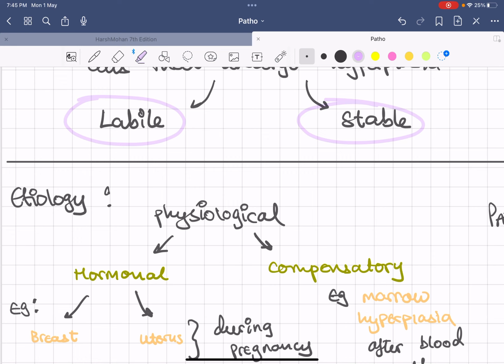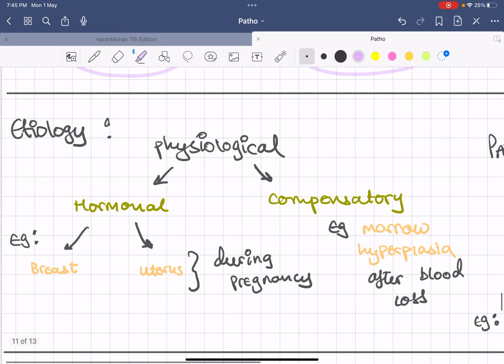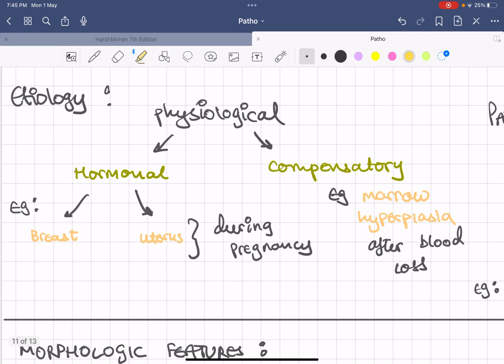So let's go on to the etiology of hyperplasia. Etiology of hyperplasia is again physiological and pathological. In physiological, there are two causes. One is hormonal cause and the other is compensatory cause. An example of hormonal cause we can understand through the breast and uterus during pregnancy and lactation.